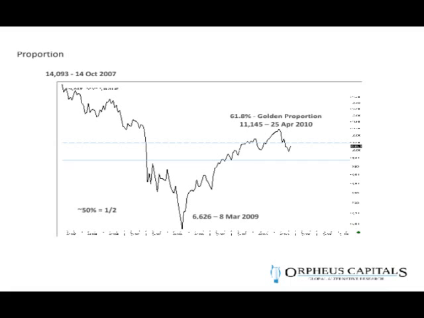So the 61.8 proportion at these levels could be the first important level where it can say that yes, the proportion coming from March 2009 is going to be more significant than the proportion from the 2008 high till the March 2009 low. So this is a kind of market symmetry, two market symmetries fighting against each other.